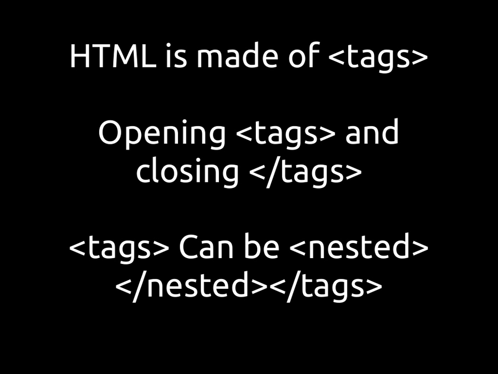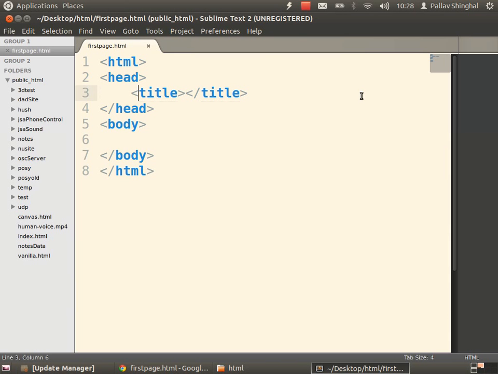You can find tags in pairs, opening and closing, and tags can be nested, and these are nested very logically, so it makes a lot of sense. This HTML tag basically means that what's inside it is an HTML document. Inside the HTML document you have a head and you have a body, and inside the head you have a title. It's done very logically.